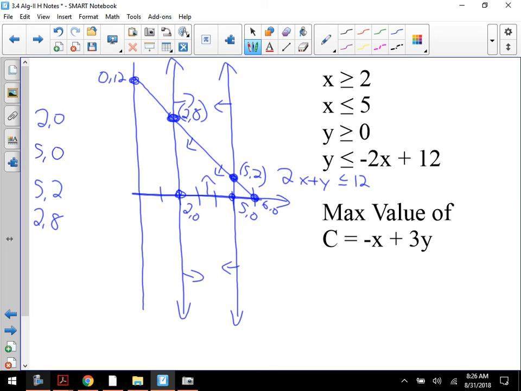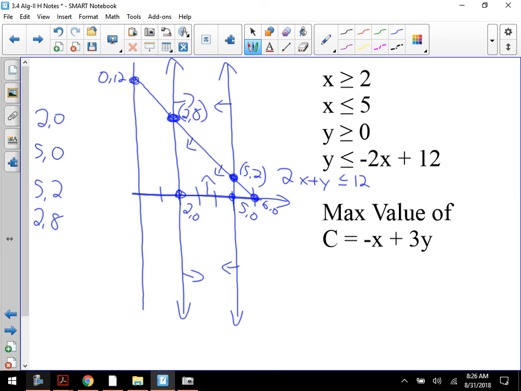Does it matter which one you substitute in first to find the maximum values? No. I know we ran way longer than I wanted to today, but we had too many questions come up, so let's do this.